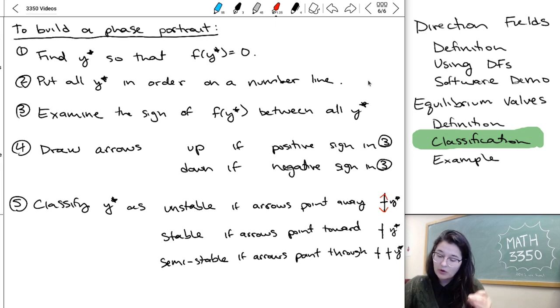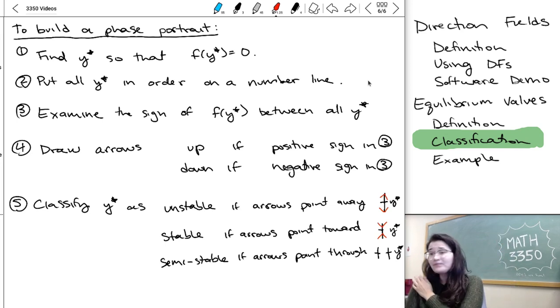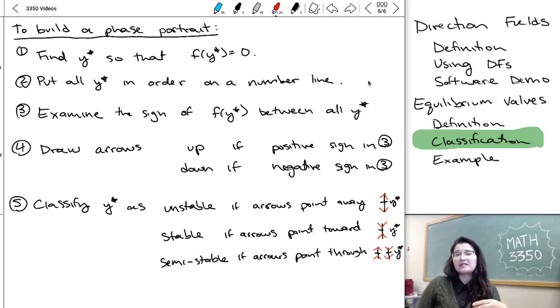Then toward is going to be arrows pointing down above and up below, so if you follow the arrows, you would go toward it. And then through means that the arrows point the same direction on either side, so they're either both up or both down. The idea is you're thinking about if you were following those arrows, would you go towards y star?